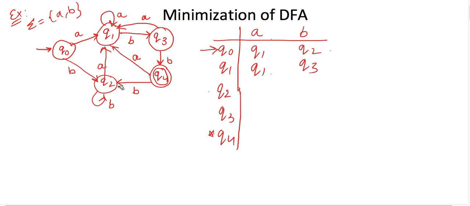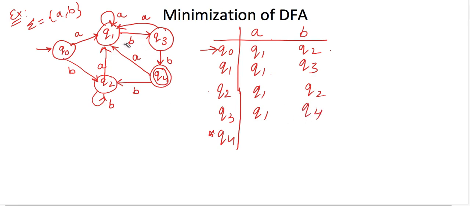At Q2 on A, I move to Q1. At Q2 on B, I remain at the same state, Q2. For Q3, on scanning A, I move to Q1. At Q3 on scanning B, I move to Q4.